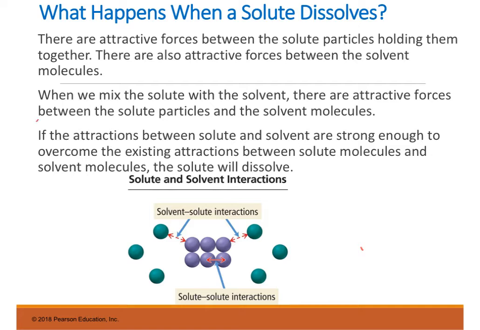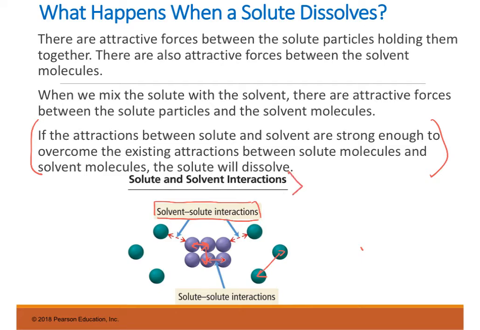And this last little statement here is the most important statement on this slide. It says that if the attraction between the solvent and the solute is strong enough, and as a matter of fact, stronger than the attraction between solute molecules themselves and between solvent molecules themselves, then it will dissolve.